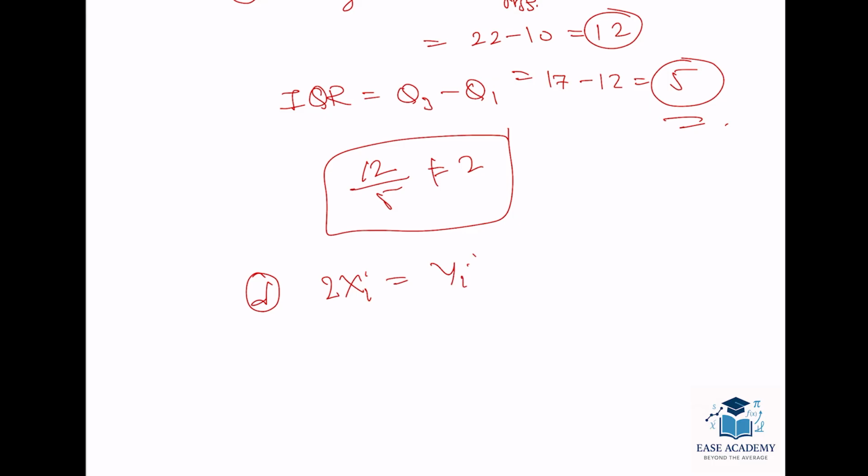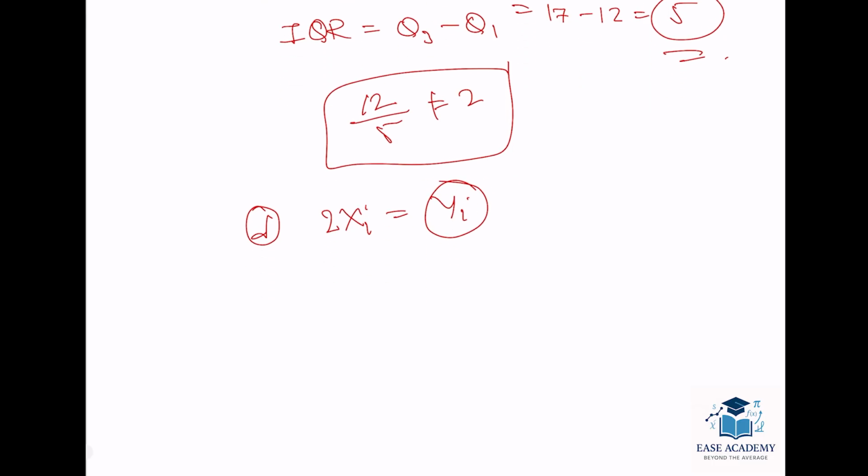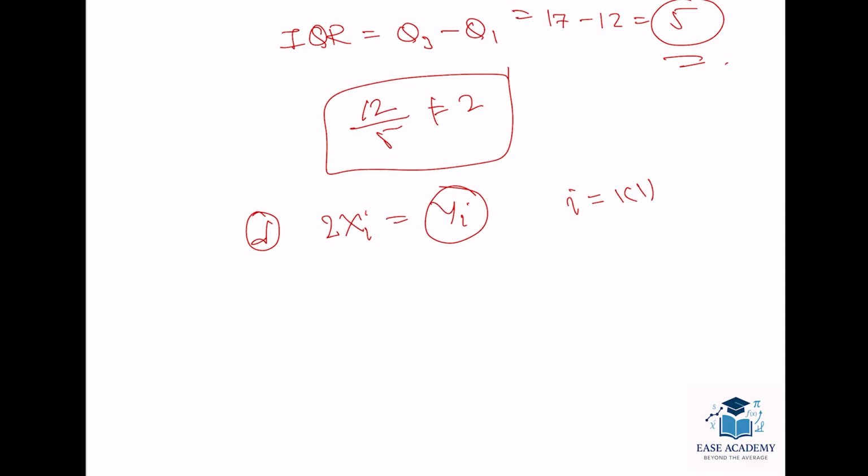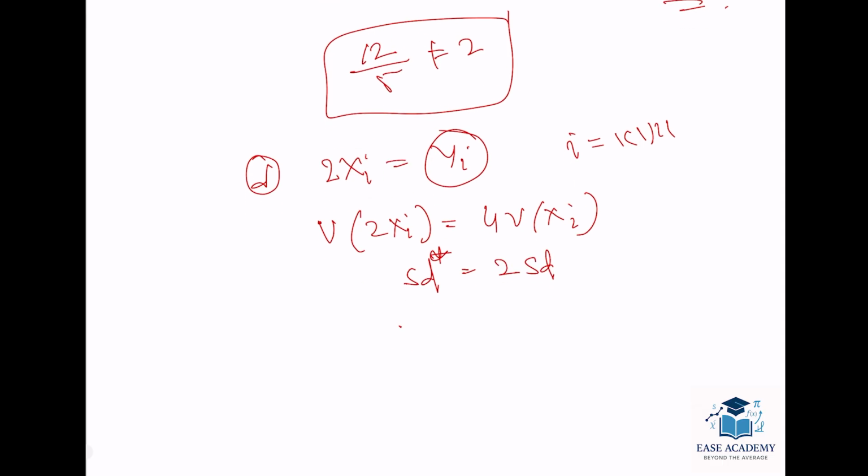Every observation would be yi, and we have 11 observations. So the variance of this would be 4 times the variance of xi, and the standard deviation will be 2 times the standard deviation of the previous one, and the sample median will be, you multiply 2 with every observation.